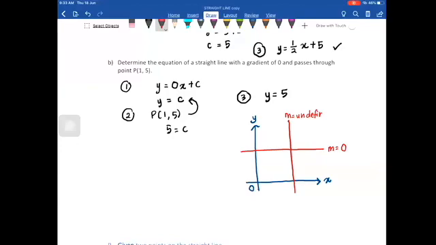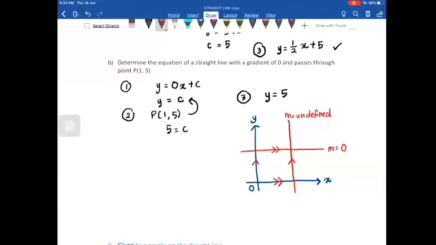So ini akan parallel dengan your y-axis. Equals to 0 will be parallel with my x-axis. This is what you learned last year.